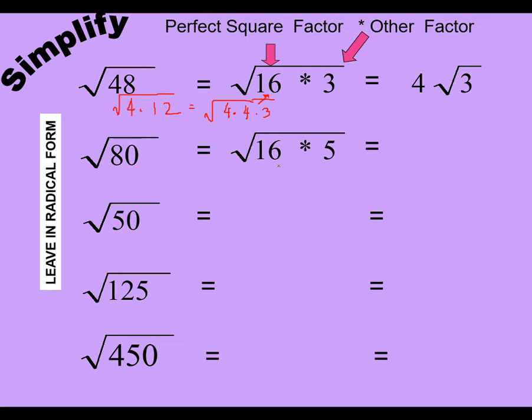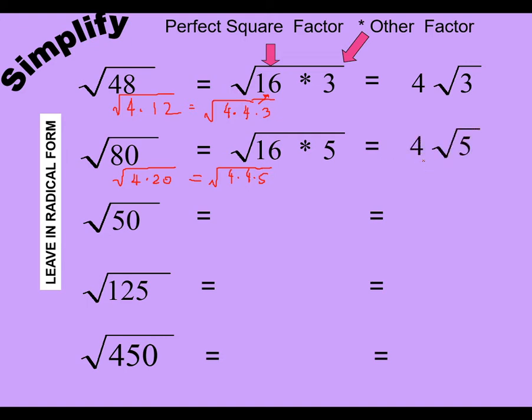How about square root of 80? So, we come up with 16 times 5. Again, that is 4 times 20. Yan. Na si 20 ay 4 times 5. Kaya nag-come up pa din with 16 times 5.